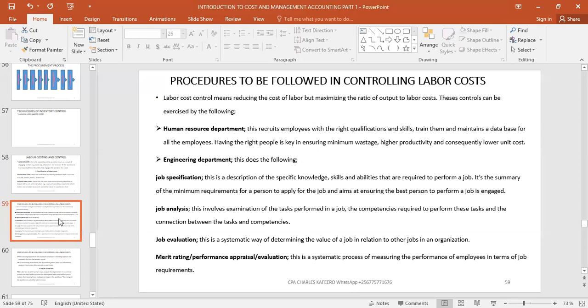They train them and maintain a database for all the employees. The reason why they maintain a database for all the employees is that you want to forget about the ghost workers when it comes to making payments.